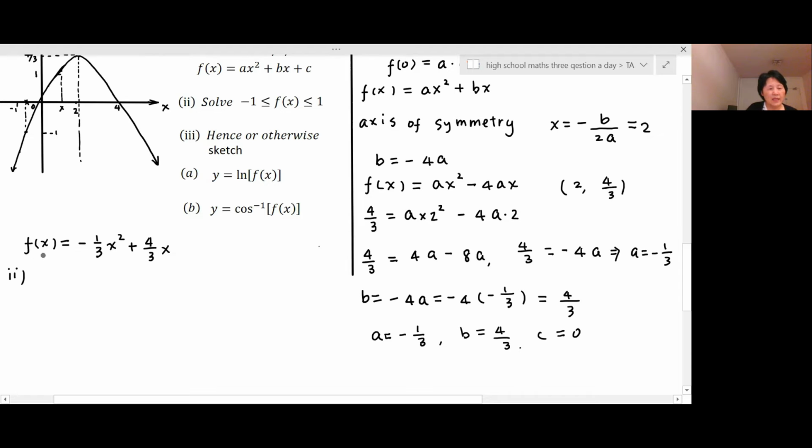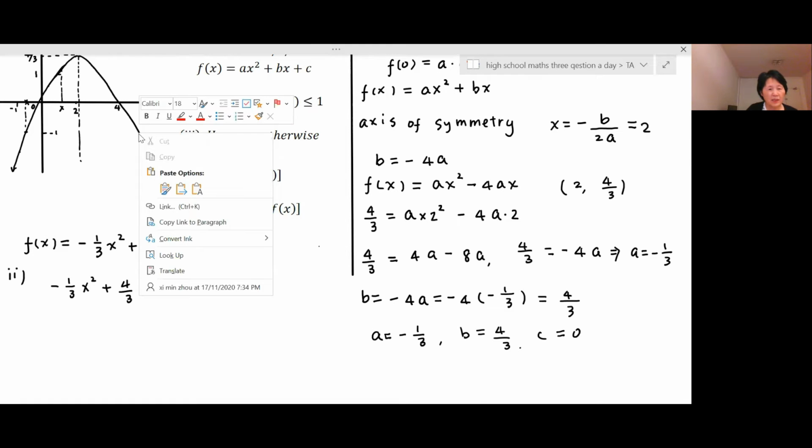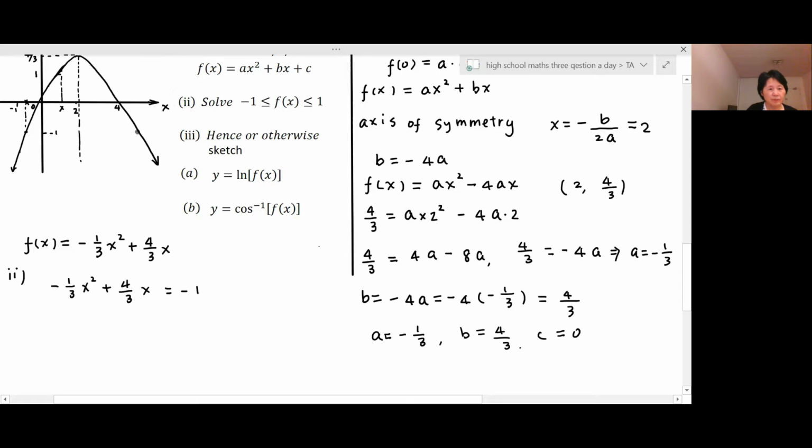Okay, so I just make the f(x), using the minus 1 to replace here. So minus 1 on 3 x squared plus 4 on 3 x, then equal to minus 1. Okay, so another minus 1 is here. I need to find this one as well.